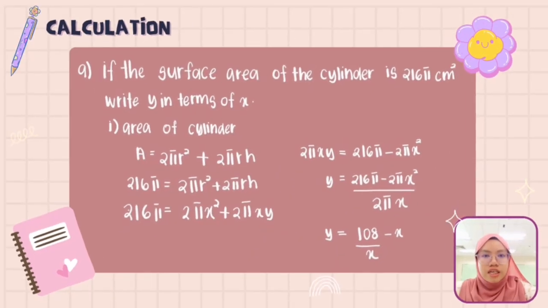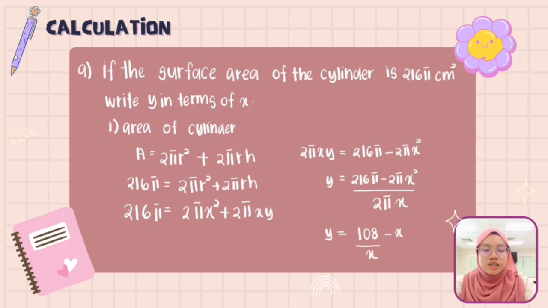So question A is: if the surface area of the cylinder is 216 pi cm squared, write y in terms of x. First thing first, we are going to find the area of the cylinder. The area is given, which is 216 pi. So we just substitute the value into the formula and we get 216 pi equal to 2 pi r squared plus 2 pi r h. Remember that x is equal to the radius, y is the height.